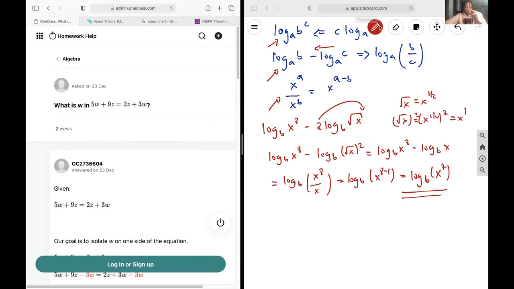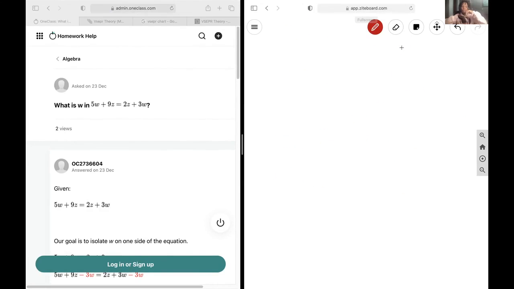Okay, next up, we would like to solve for w in this. So we have 5w plus 9z is 2z plus 3w. Solve for w means we want w on one side of the equation and everything else on the other side of the equation, so we can say w is equal to something that doesn't include any w's.